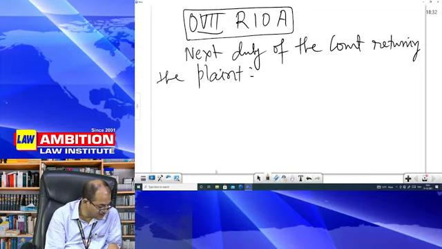It says, where in any suit after the defendant has appeared, the court is of opinion that the plaint should be returned, it shall before doing so intimate its decision to the plaintiff. तो कोर्ट अपना निर्णय डिफेंडेंट को तो बता ही रहा है क्योंकि डिफेंडेंट है वो, but plaintiff को भी बता रहा है.